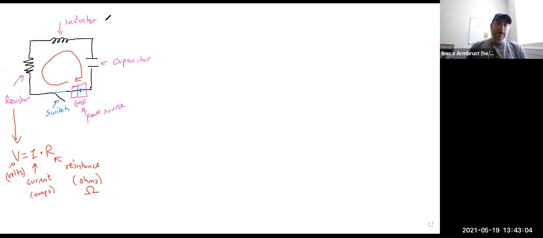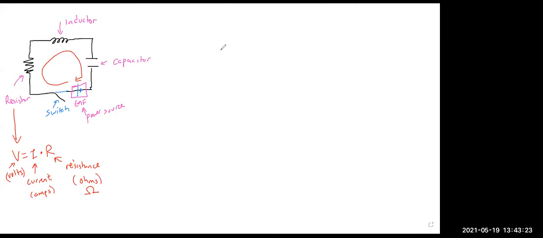All right, so how about inductors? Do you guys remember the voltage drop over inductors? Oh, it got awfully quiet. I don't remember talking about inductors.